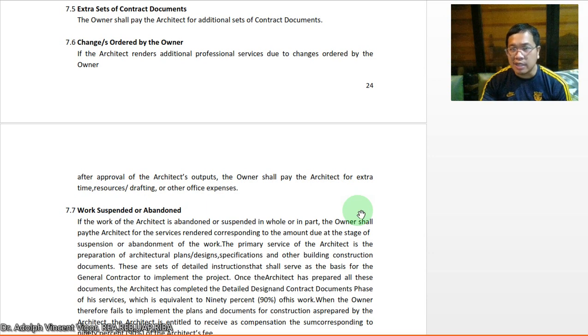I think it's only natural that if the client requires you to render additional services, then he or she should pay you for those services.